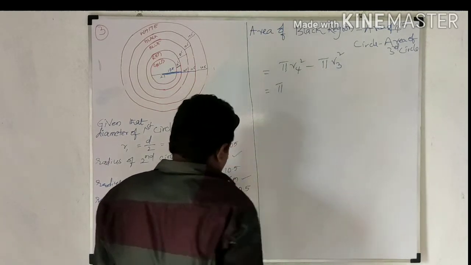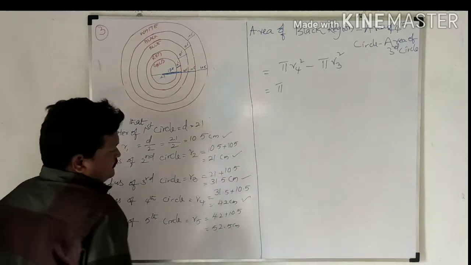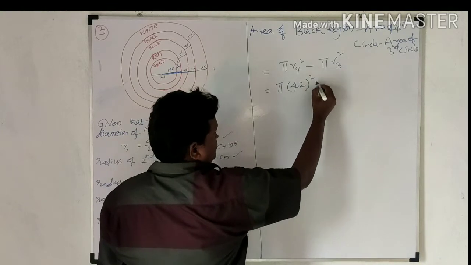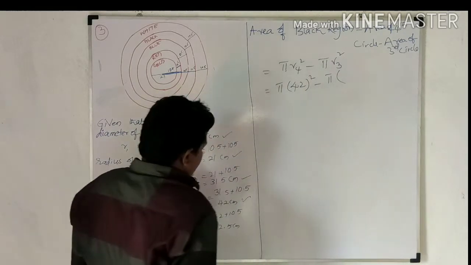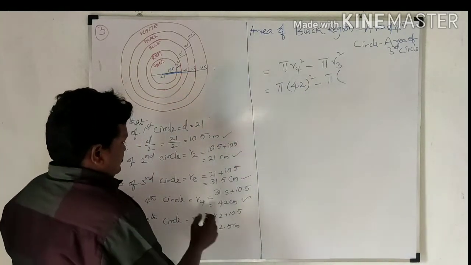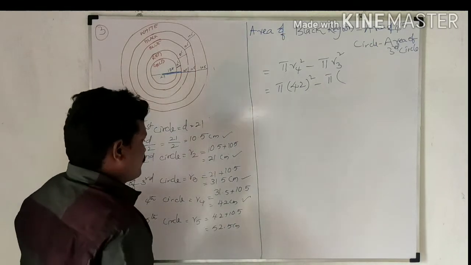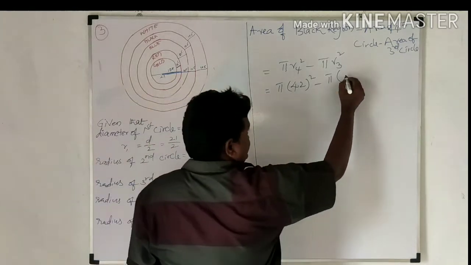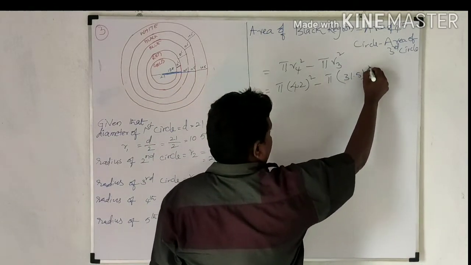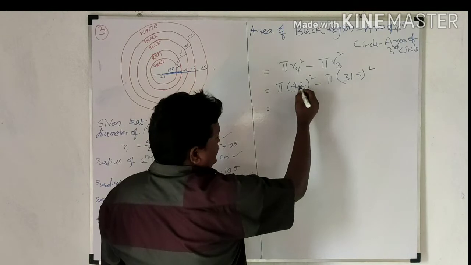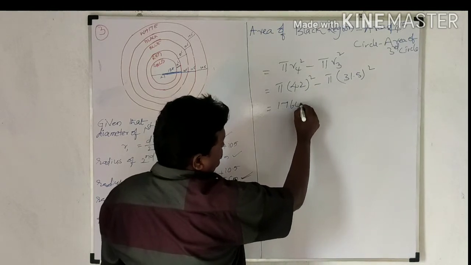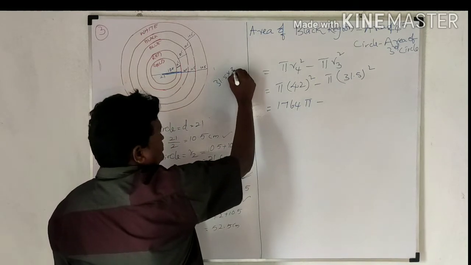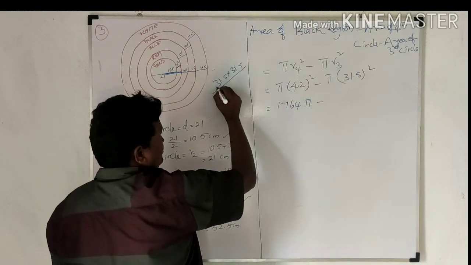Here, pi into r4, which is 42, so 42 whole square, minus pi into r3, which is 31.5, 31.5 whole square. So 42 square is 1764 pi, minus 31.5 square, which means 31.5 into 31.5.